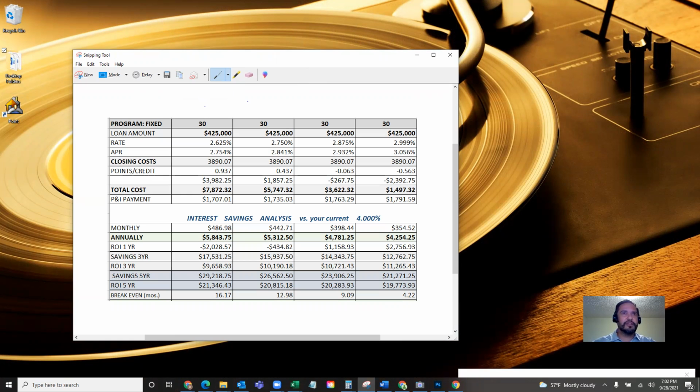Essentially, each column you'll see has its own rate, and from here all the way down to the bottom is the entire breakdown, from the 30 here at the top all the way down to the break even months at the bottom.